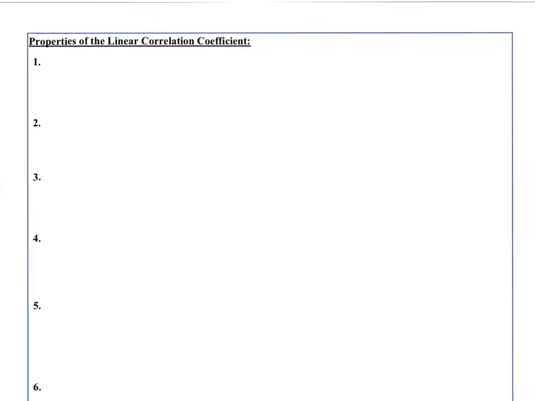So let's take a look at the properties of the linear correlation coefficient. The properties can be found on page 176 of your textbook. So number 1, the linear correlation coefficient, which I will just call LCC, is always between -1 and 1, inclusive, which means we can include them. Or another way of putting it, when we use the variable r for a linear correlation coefficient.